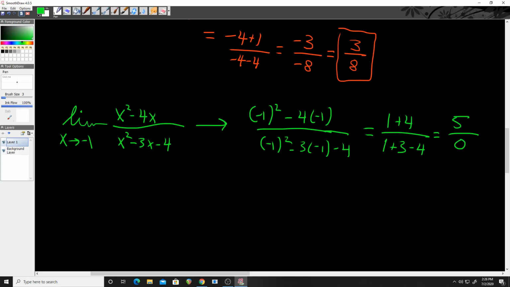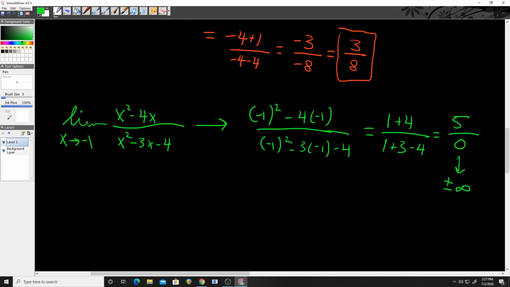This is going to be either plus or minus infinity, and I'm going to show you why. But after I show you, it's important to realize that if you get a non-zero on top and a 0 on the bottom, immediately it's going to be one of these two. We have to figure out which one's which.